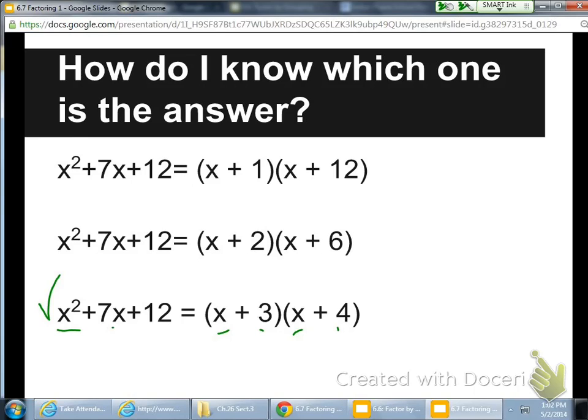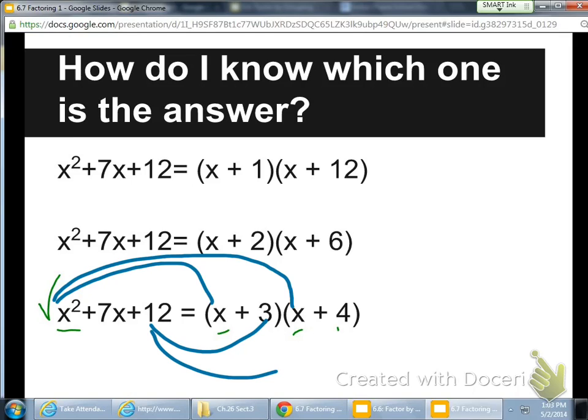Do the rainbow thing. I don't know what the rainbow thing is, but the idea is x times x, x times 4.